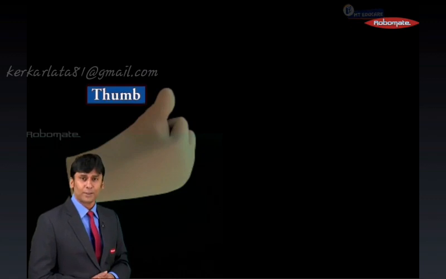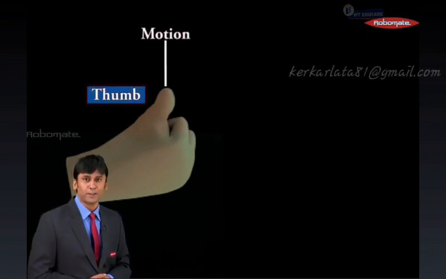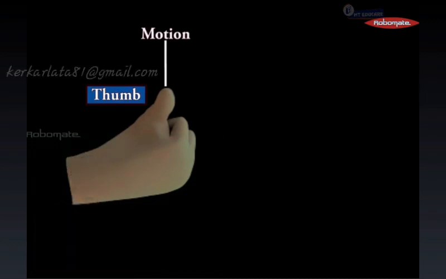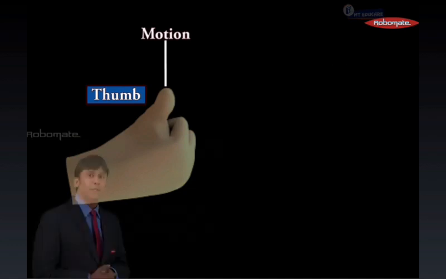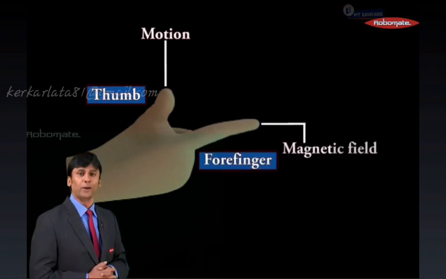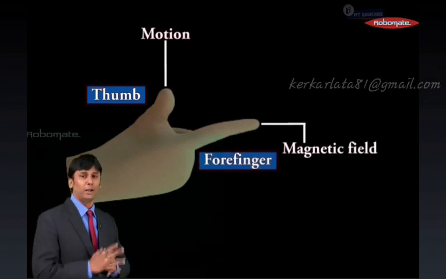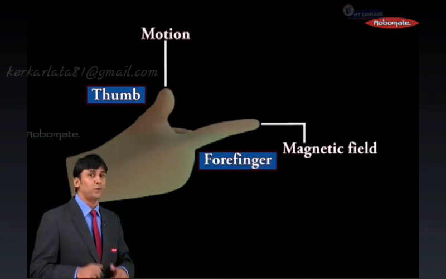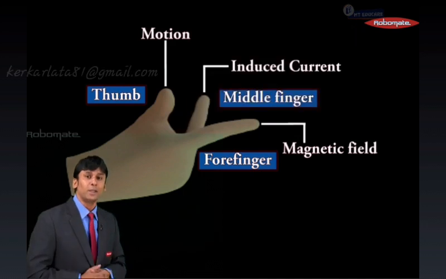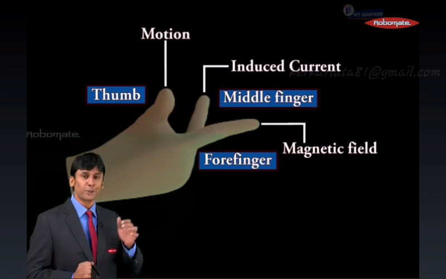According to Fleming's right hand rule, once again we use three fingers. These three fingers are the thumb, the forefinger, and the third finger. If the thumb shows the direction of motion of the conductor, and the forefinger shows the direction of the magnetic field, then Fleming's right hand rule states that the central finger or the middle finger will show the direction of induced current.